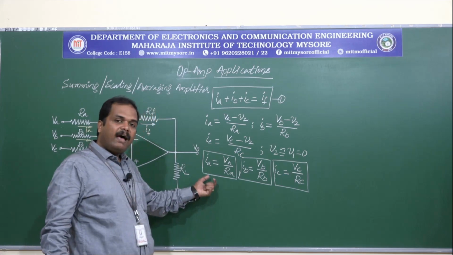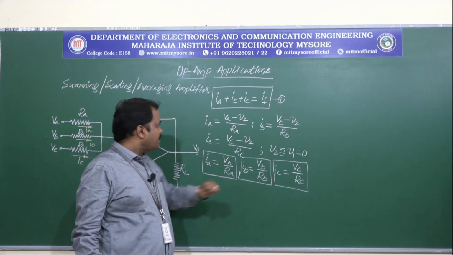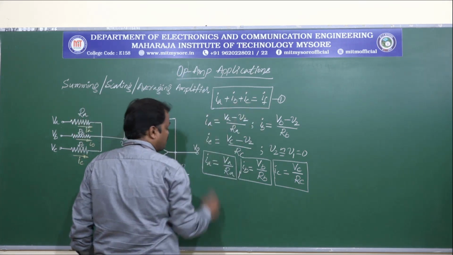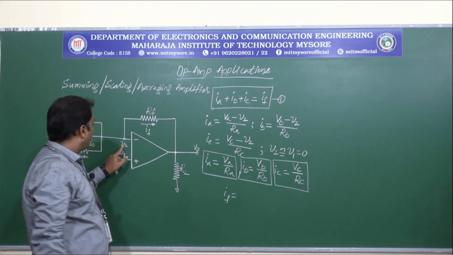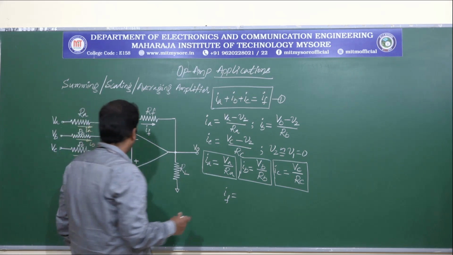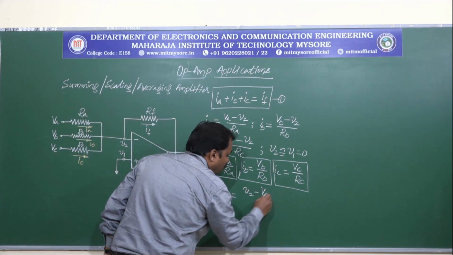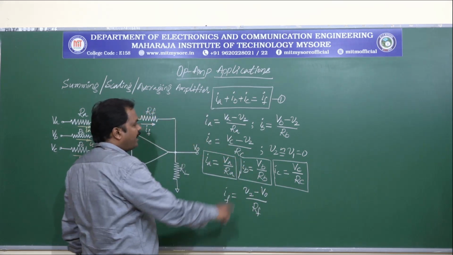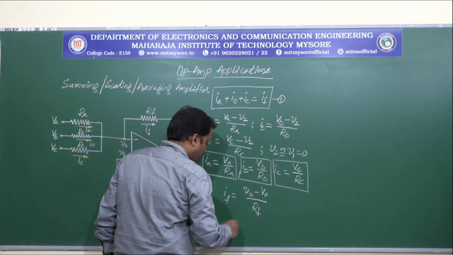So now we have substitutions for IA, IB and IC, and let us know what is the substitution for IF in this equation. So IF is equal to what? V2 minus V0 divided by RF by Ohm's law. And we know V2 is approximately equal to V1, which is equal to 0.